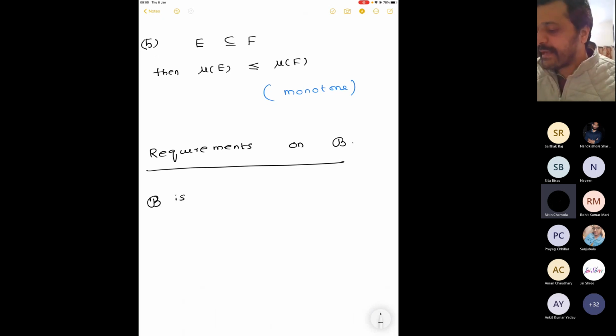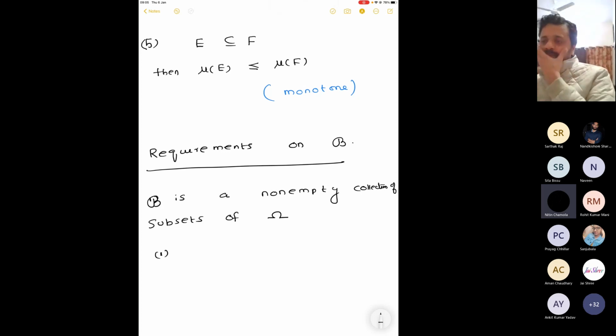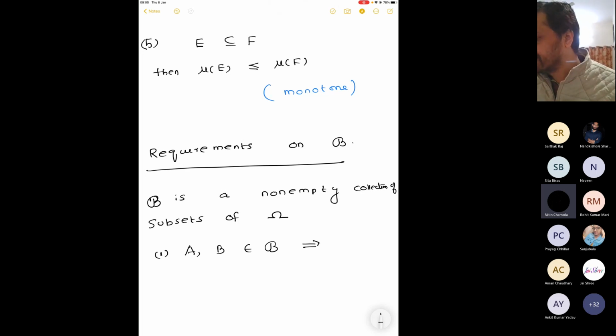B is, first let me write, B is a non-empty collection of subsets of omega, and B should satisfy. Can you tell one by one? If A and B are in B, I want A union B is in B.